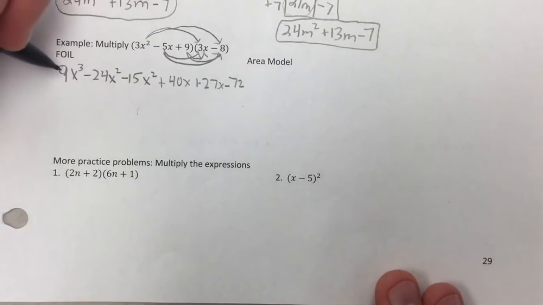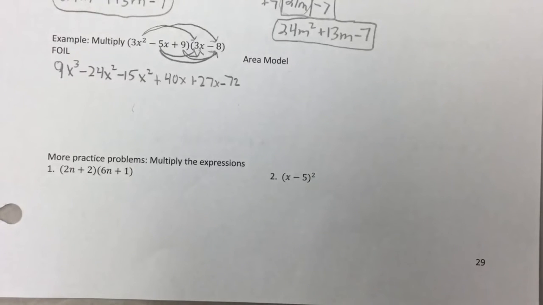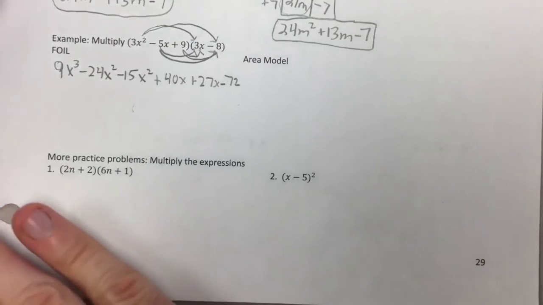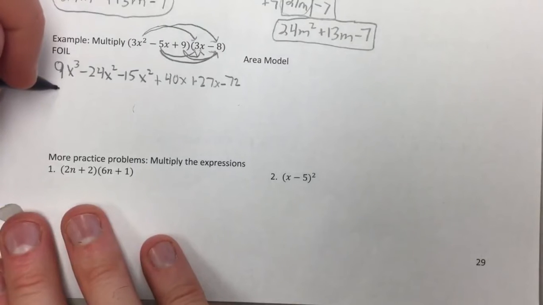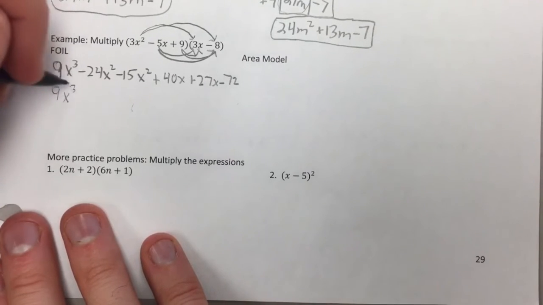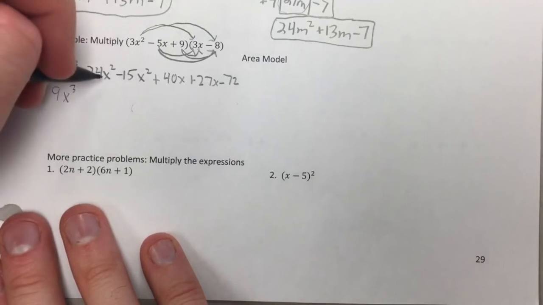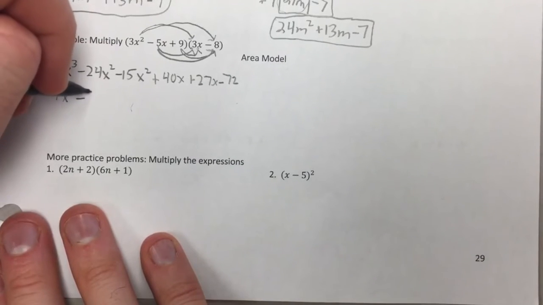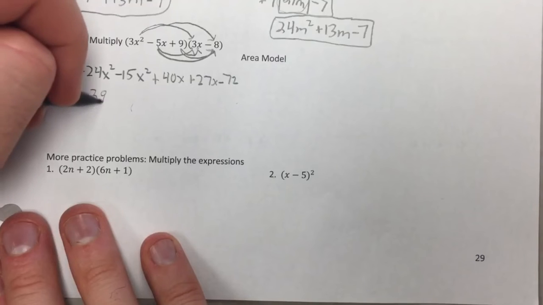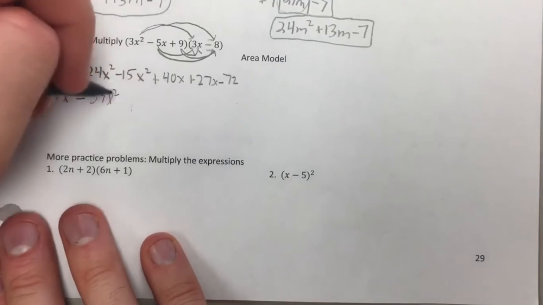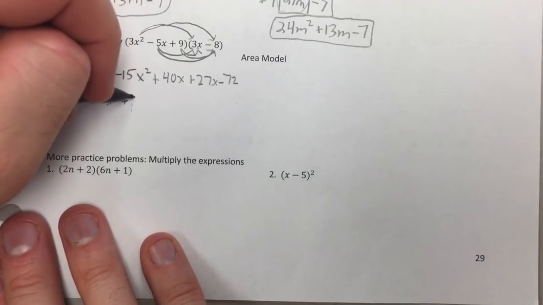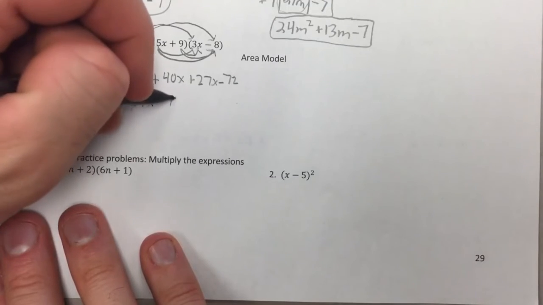So I have 9x to the third, x squared's right here, which would be minus 39x squared. I have my x's come next, plus 67x, and then minus 72.